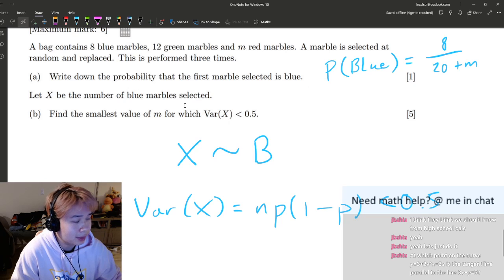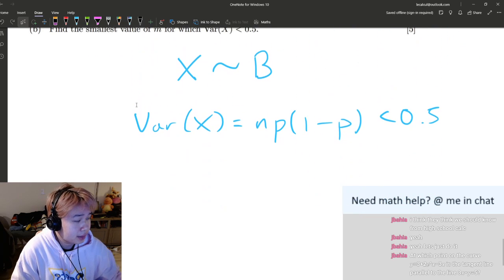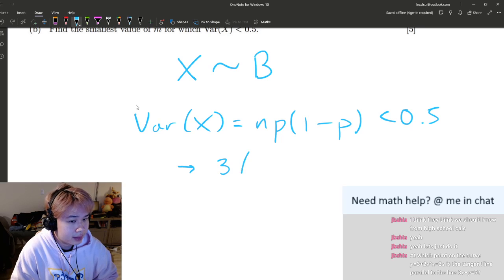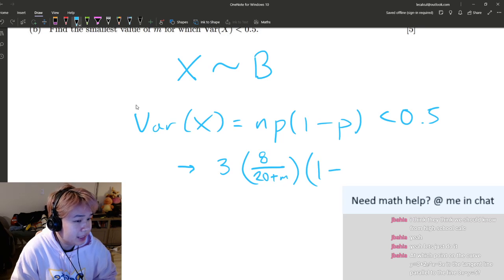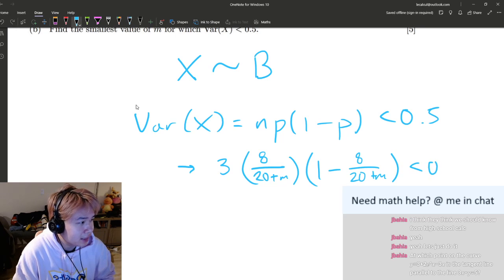So the probability of blue marbles. So in other words, the variance is 3 times 8 over 20 plus m, and then 1 minus p, which is again the same thing, 8 over 20 plus m, and we want to find out when this is less than 0.5.